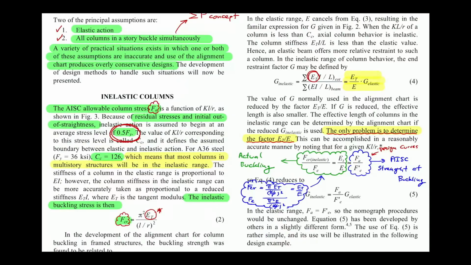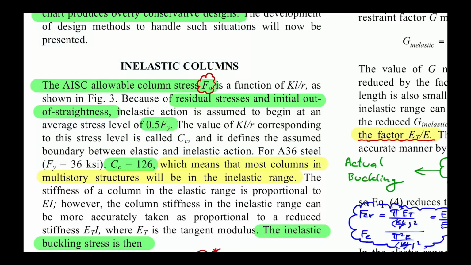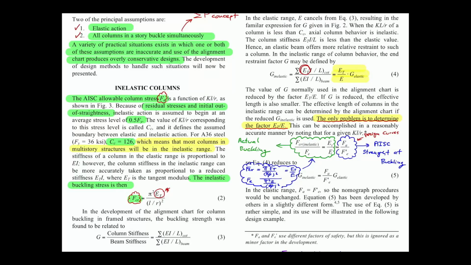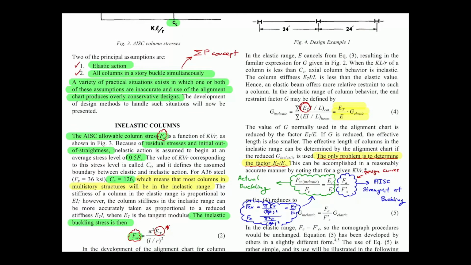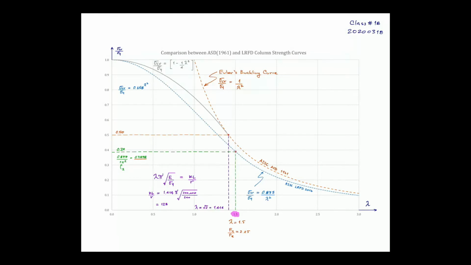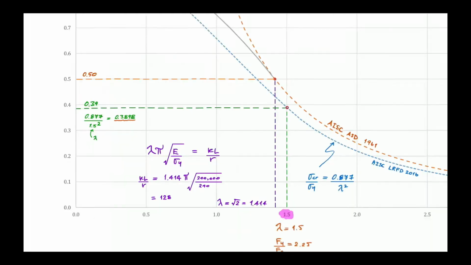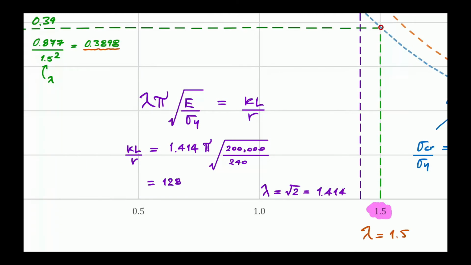So we come back here. The 0.5 Fy here, if we compute the corresponding KL over R values, yesterday we tried to drop in the figures for the steel grade we use in Thailand. So yesterday we came across this point here, right?